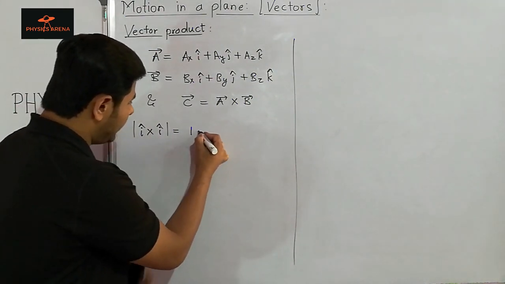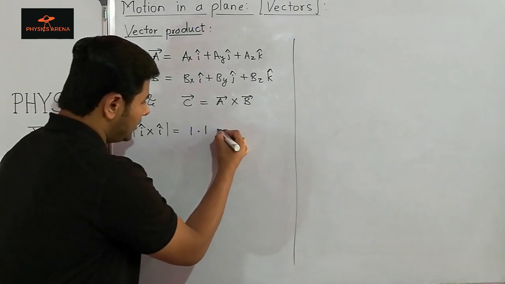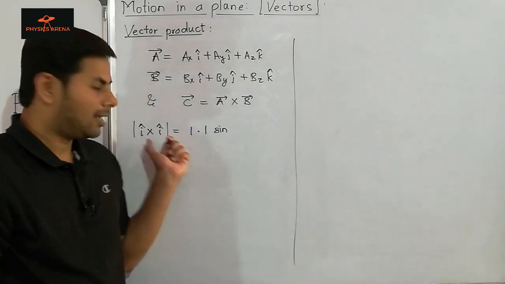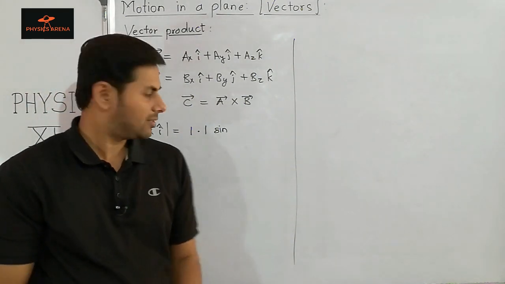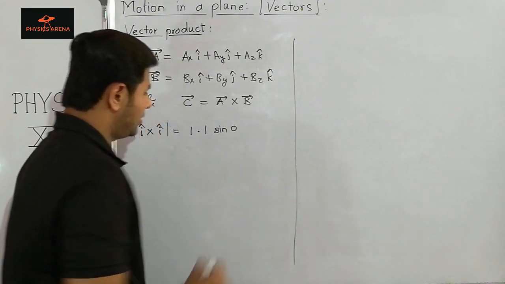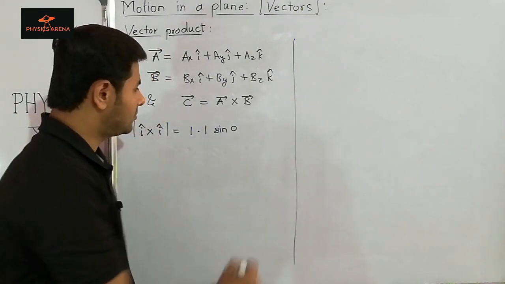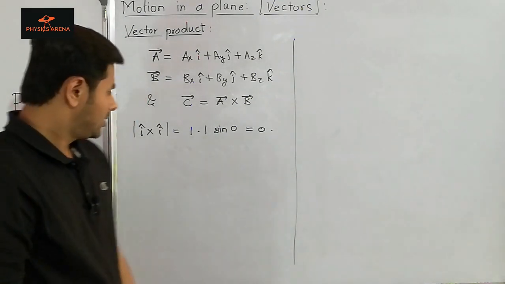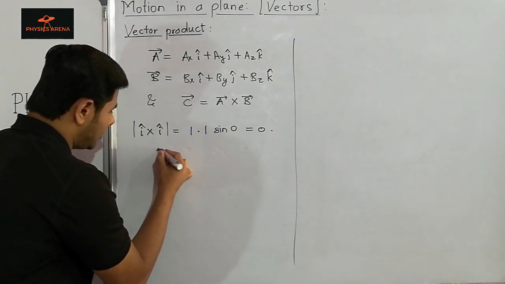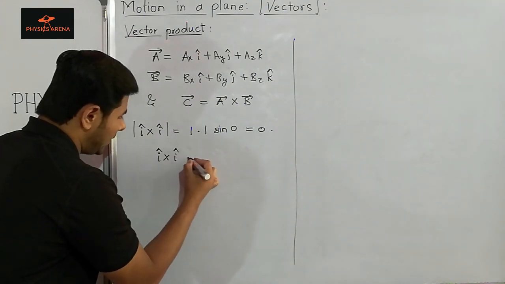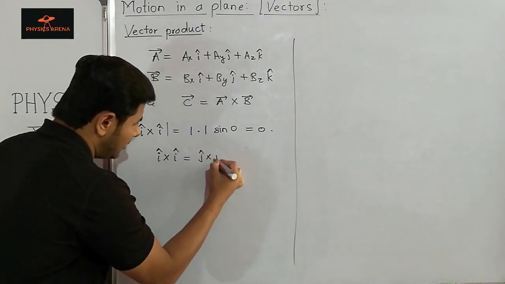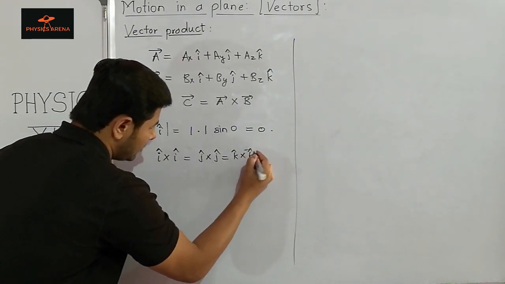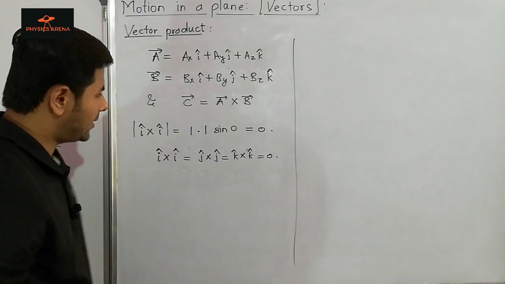Because they are unit vectors, it is 1 into sine of the angle between the vectors, and because they are in same direction, angle is 0, and we know that sine 0 is 0, so this is 0. Okay, similarly J cross J and K cross K will be 0, so I cross I equals J cross J equals K cross K, and all of that is 0.